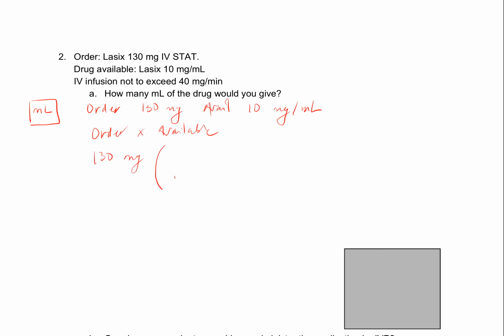You want to cancel out the units of milligrams. So you want 10 milligrams in the denominator, mLs in the numerator, and you'll get 130 divided by 10 is 13 mLs for 2A. So final answer for 2A is 13 mLs.